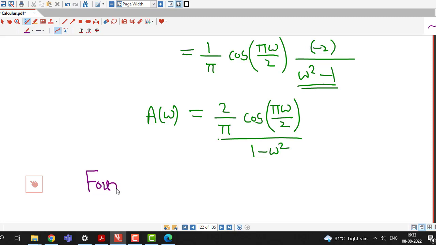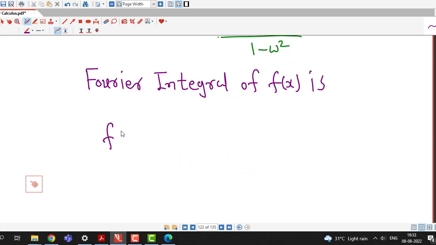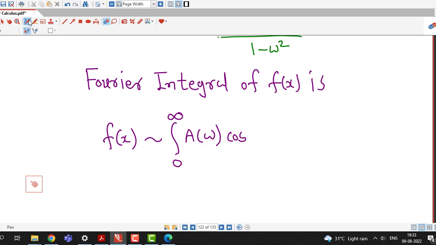And finally we write the Fourier integral of f x. Our function is an even function, so there is no sine term. We have only a omega times cos omega x d omega.